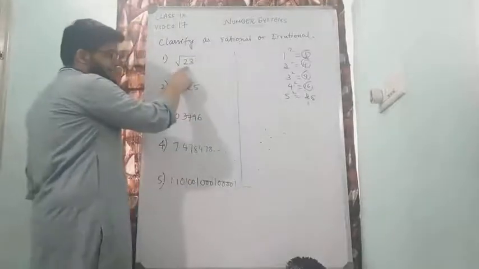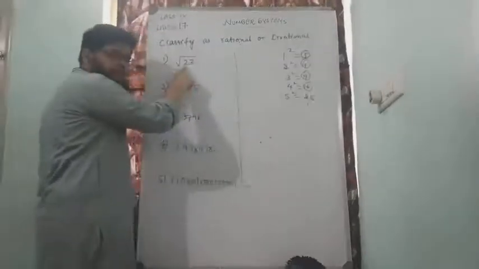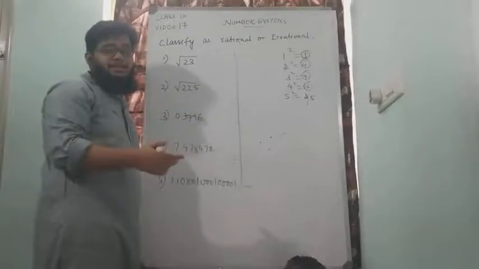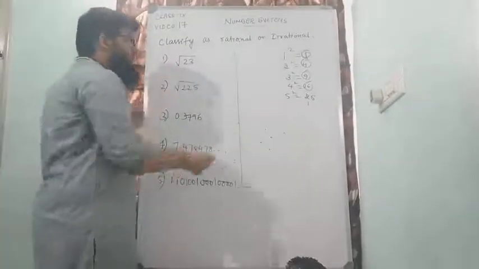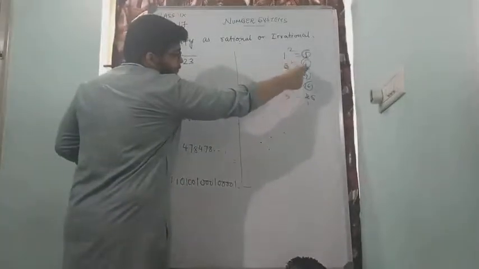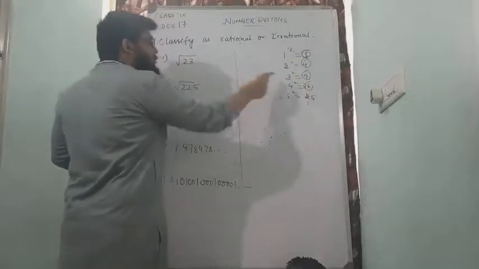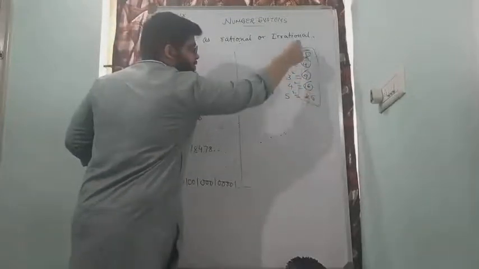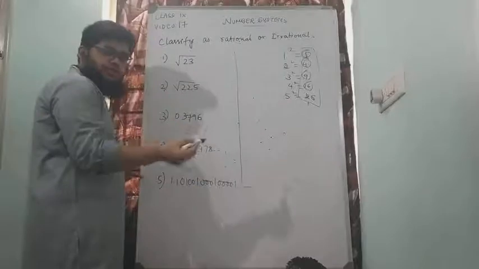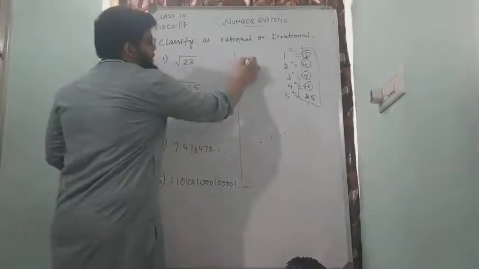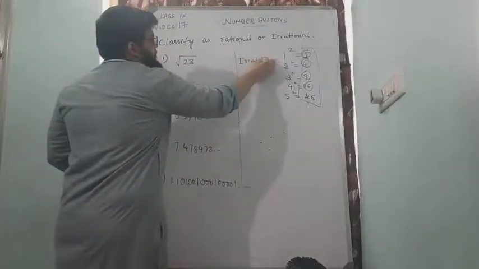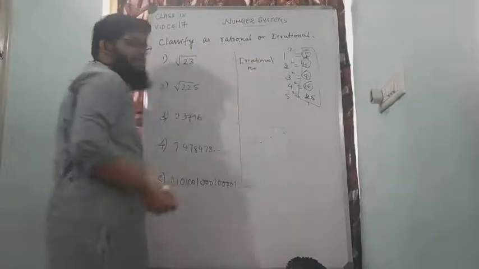So instead of 23, if I would have got 25 here, it would have become rational. But now because it is 23, I have 1, 4, 9, 16, 25. I don't have 23 anywhere in this list. That means it is not a square number and that's why it will be irrational. Irrational number.